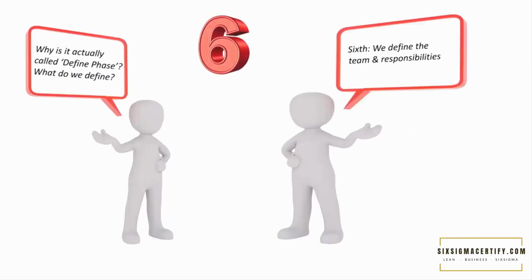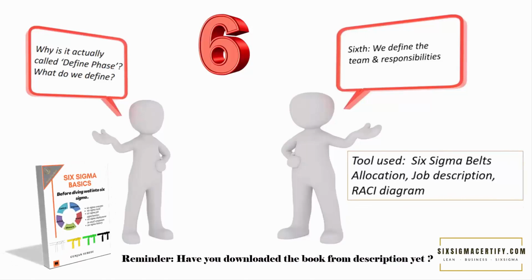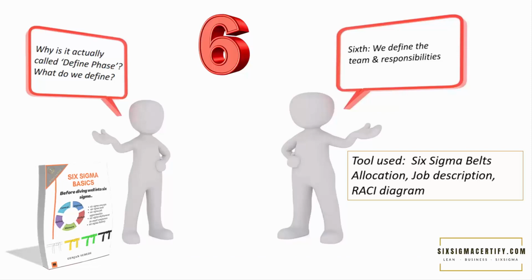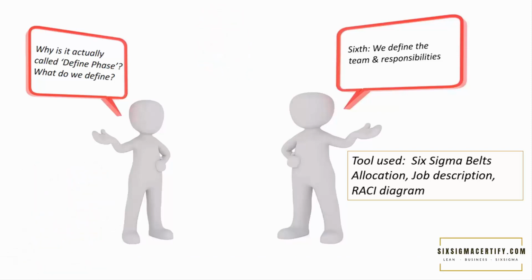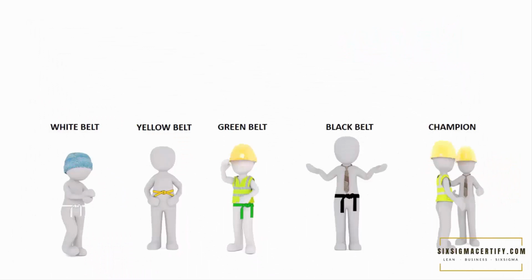We then define the team and responsibilities. For that, we allocate different people in the Six Sigma team, and these include different belt professionals. We also provide them different job descriptions, and we allocate the tasks with the help of the RACI diagram. There may be many people with different work experiences involved in the Six Sigma team.